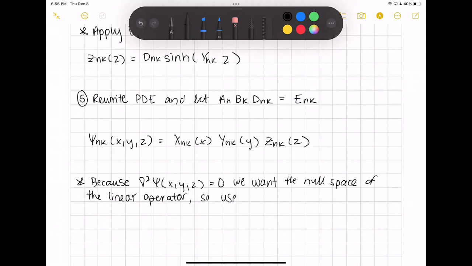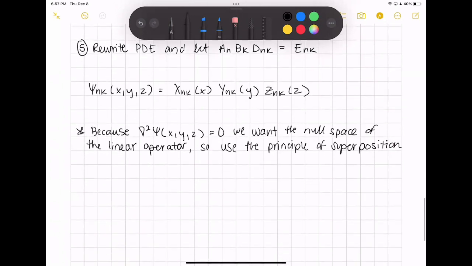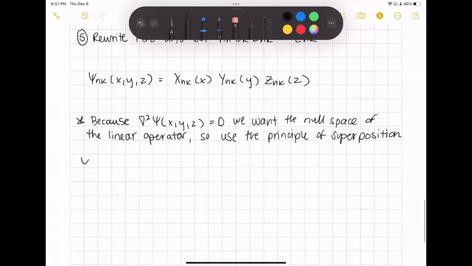So use the principle of superposition. And it's important to note this down on a test or an exam situation. It just really shows that you know what you're doing and everything you're doing is purposeful, and you understand the theory behind why we're doing this. So it's good to note down.